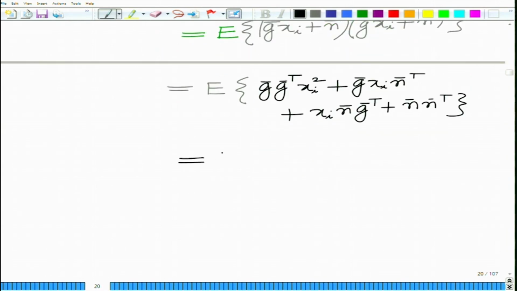Now, this can be simplified as follows, taking the expected value inside.